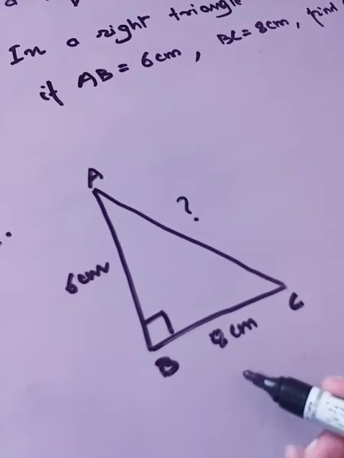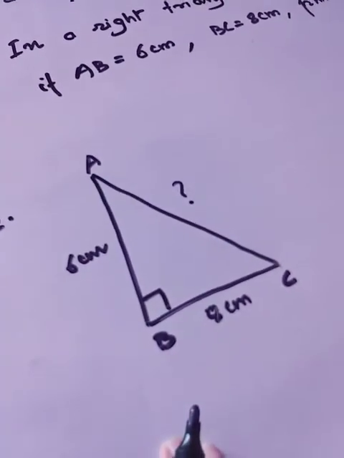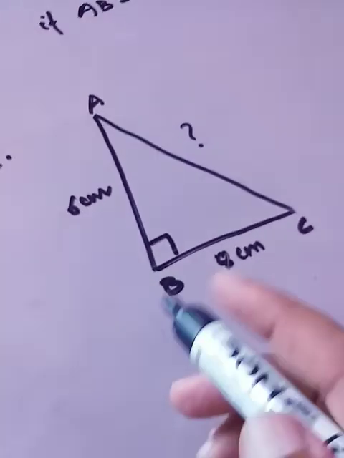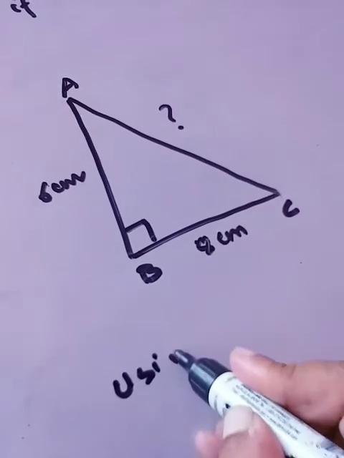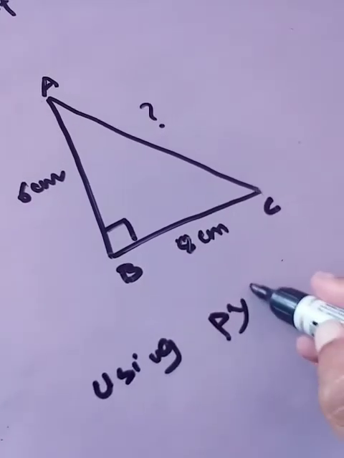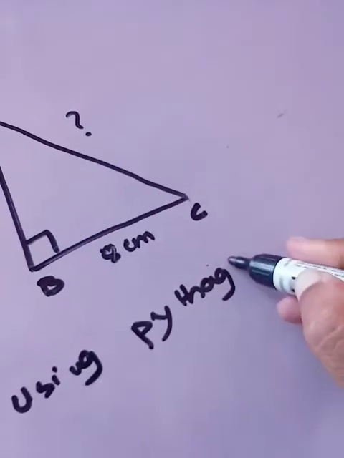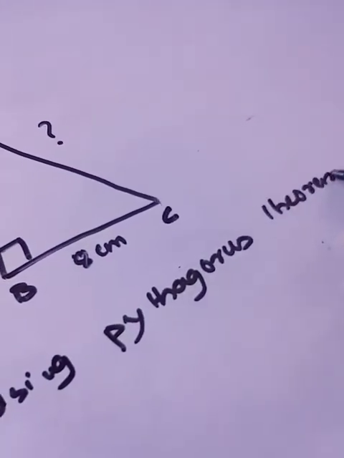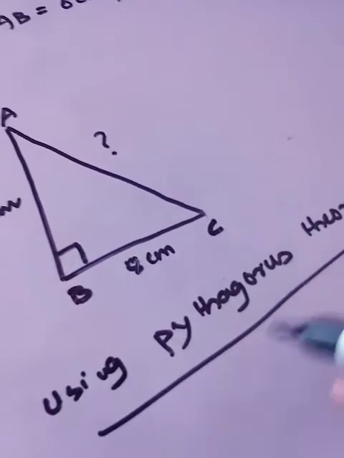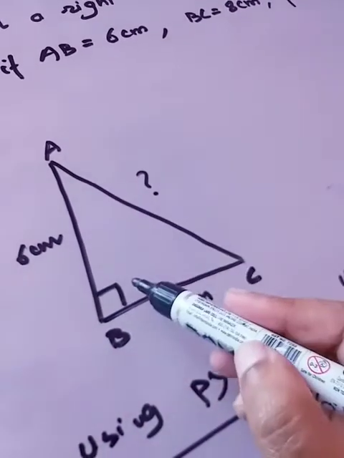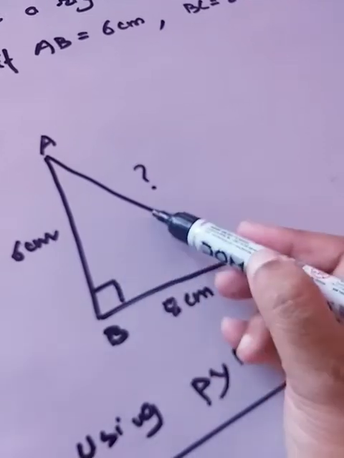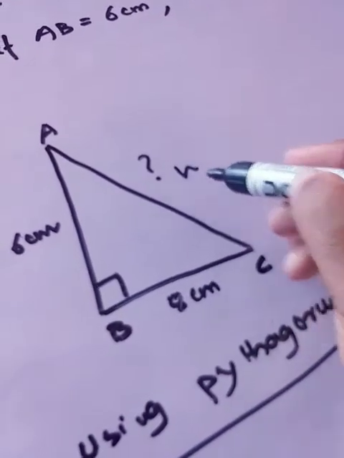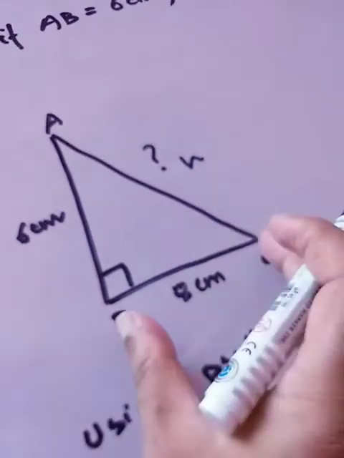Now if you see scenarios like this, you have to use one theorem: the Pythagoras Theorem. So what was the Pythagoras Theorem? As we know, in a right angle triangle, the side which is opposite to 90 degrees is always the hypotenuse.